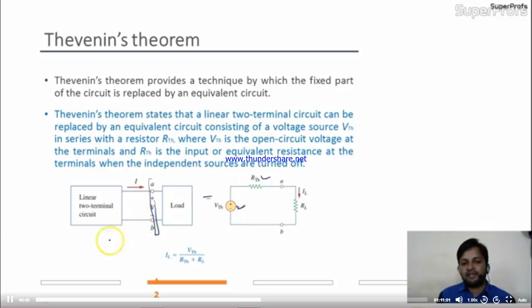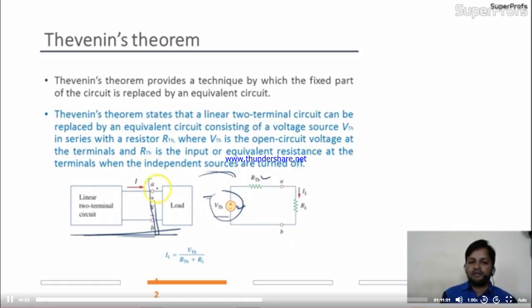The Thevenin theorem is saying that a linear two-terminal circuit across A and B can be replaced with a single source V_Th and R_Th across A and B, where V_Th is nothing but the open circuit voltage at the terminal, across this terminal A and B. And R_Th is the input or equivalent resistance at the terminal, the equivalent resistance of the circuit across the same terminal.